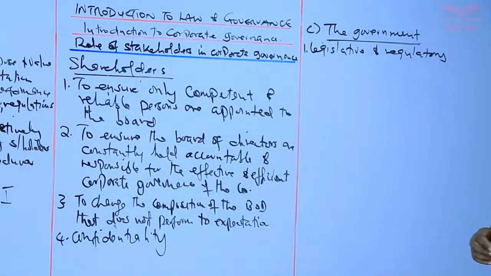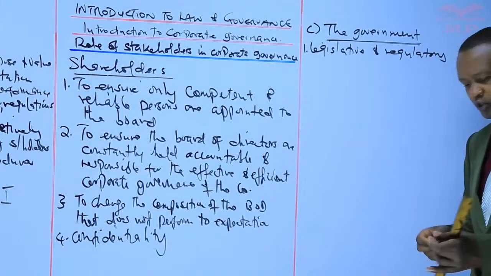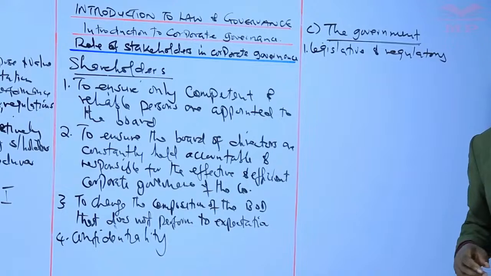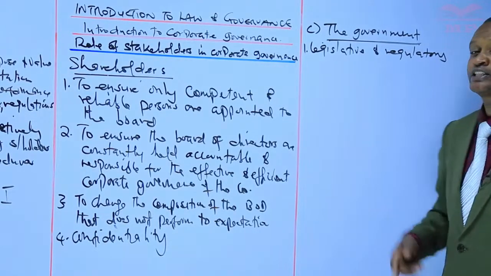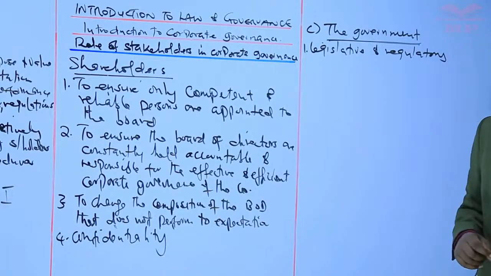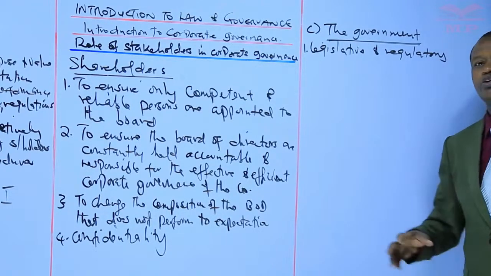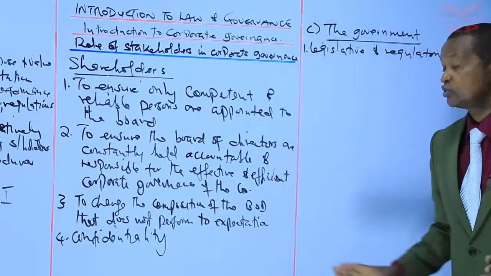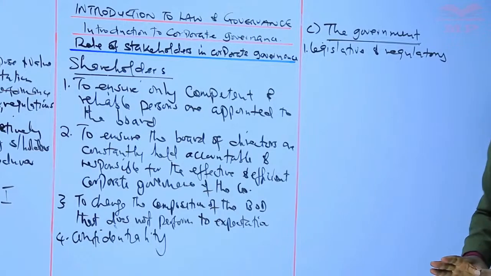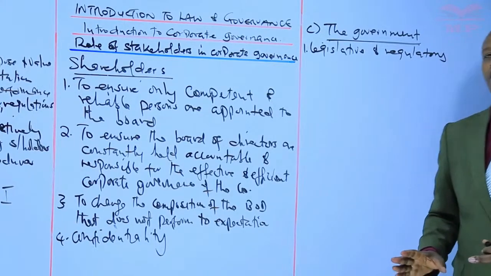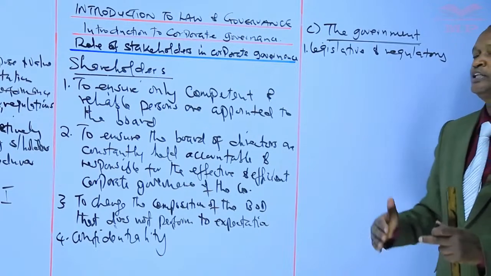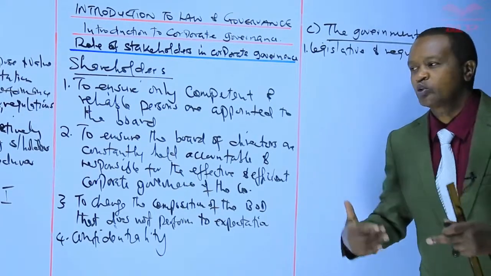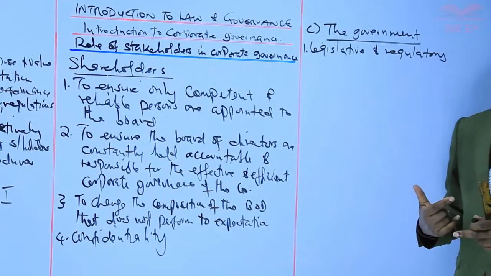Now, government through parliament makes public policy, it legislates, and also makes what we call statutory instruments. The government creates a conducive environment for business to operate. The government regulates and comes up with what we call the statutory frameworks.